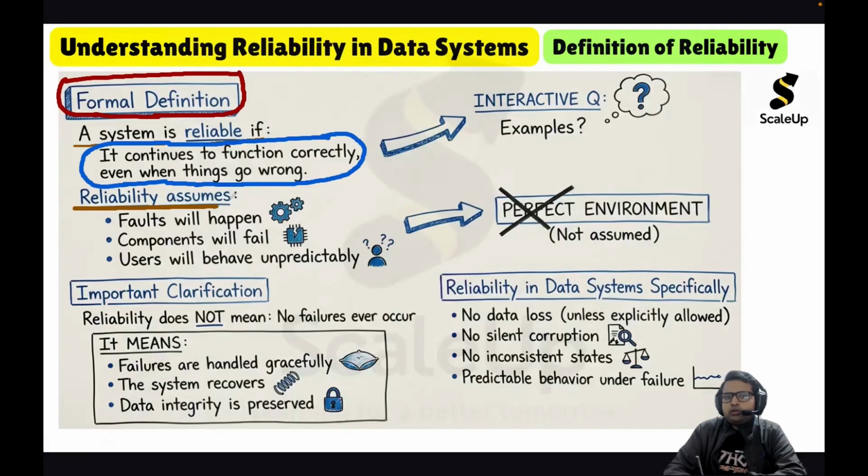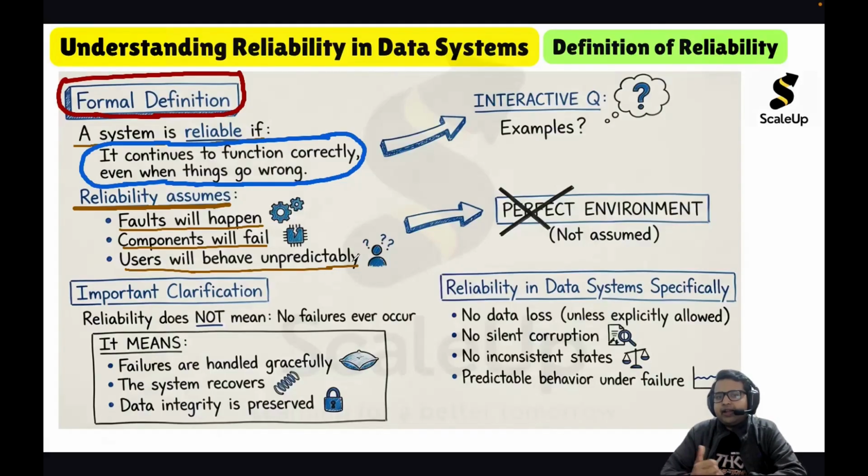Reliability assumes faults will happen. Reliability assumes components will fail, and reliability assumes users will behave unpredictably. Whenever we are designing systems, we have to keep this in mind.